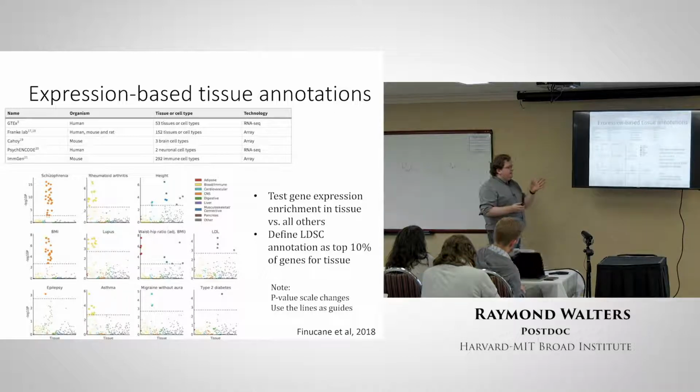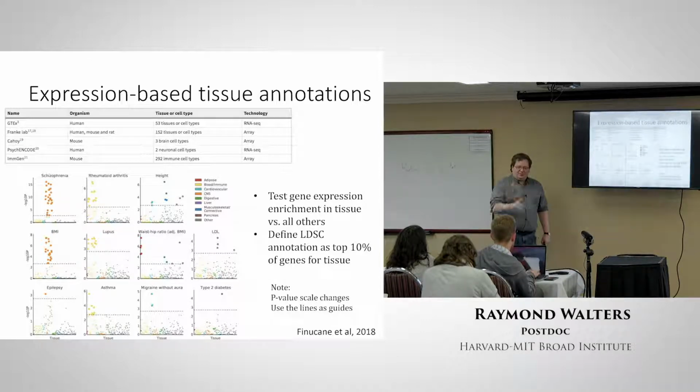And so the model here was to take that gene expression data where there's been a test of the expression of a given gene in each tissue compared to all other available tissues, take the set of genes that has the strongest signal for being expressed in that tissue versus all of the tissues. That gives you a set of genes to work with, and use that set of genes then to define your annotation for LD score regression.